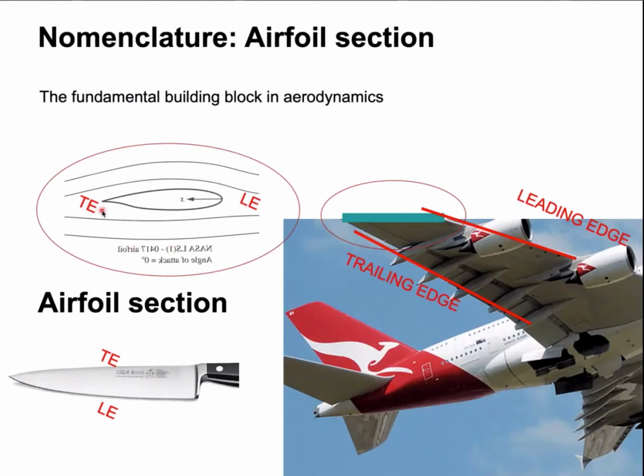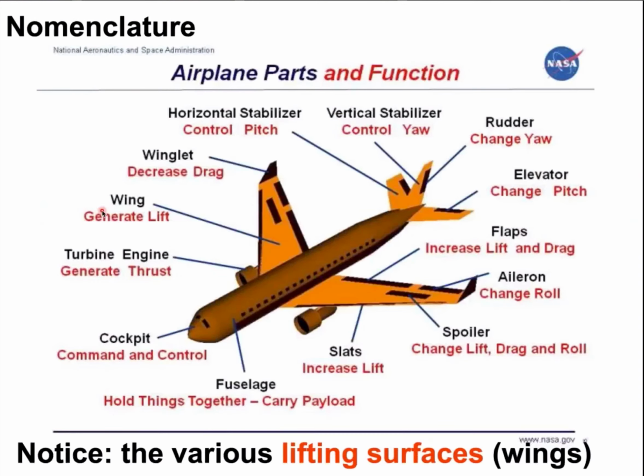Now if you take this knife and try to cut this wing from the leading edge to the trailing edge, you're going to see the same cross section, the airfoil. You cut this one over here, you get the same airfoil section. You cut this one, the same airfoil section, and the same thing with this one.